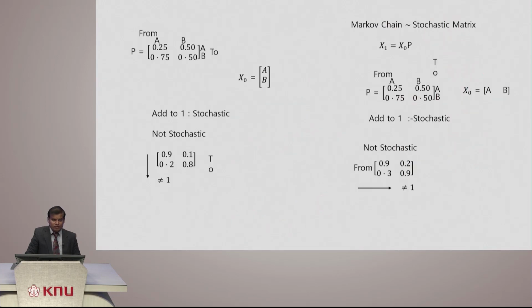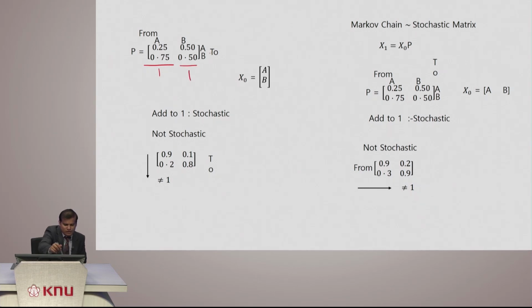Okay, with this thought in mind, let's talk about what a stochastic matrix is. It's quite easy to understand. One of the simple ways to understand a stochastic matrix is that when you add up the columns, it should always give us 1. For example, in this case, if you add up, it gives you 1, and this one adds up to 1.